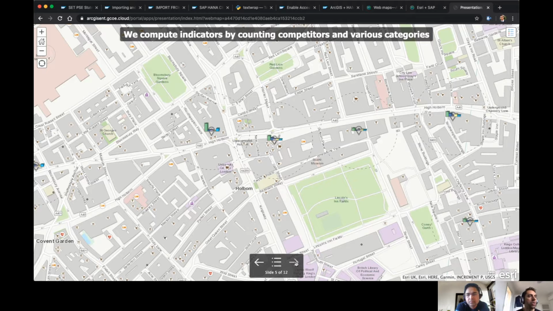We're going to make those indicators quite granular. So if you're selling coffee, we're going to count the number of Tesco's, the number of Costa Coffee, the number of Starbucks. And if you're vending sandwiches, the number of direct competitors and also indirect competitors, such as the number of bars, number of hotels.